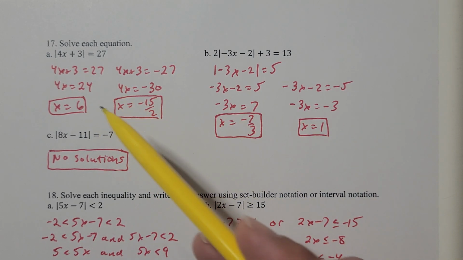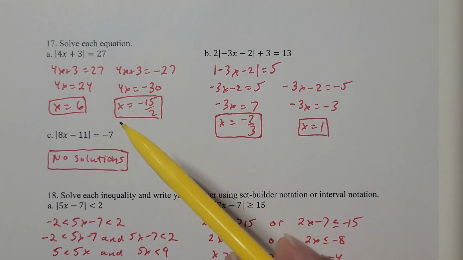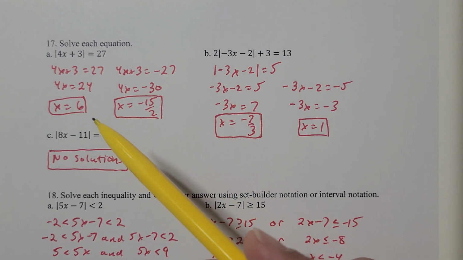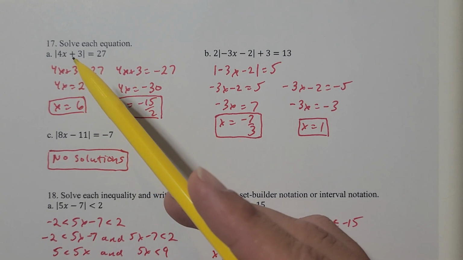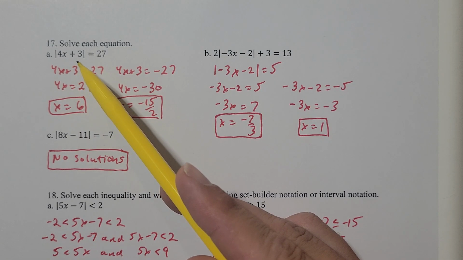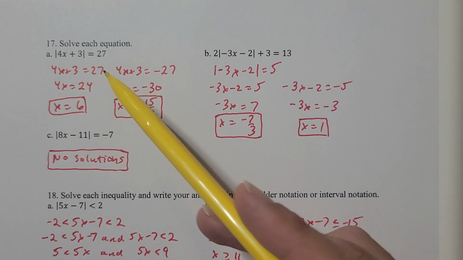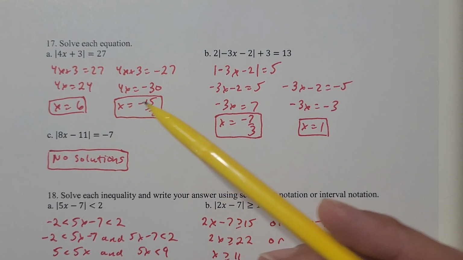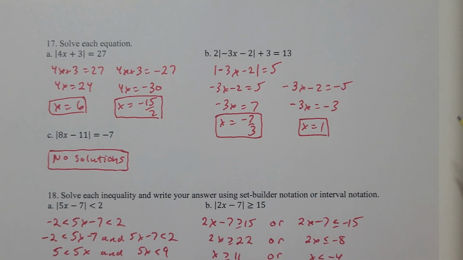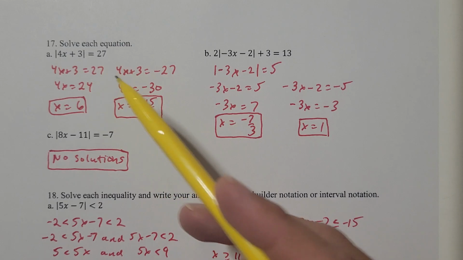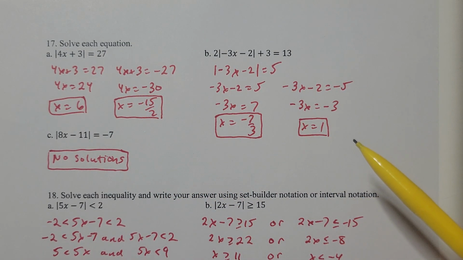So like if I just go back to this example here and check it, if x is 6, 4 times 6 is 24, plus 3 is 27. The absolute value of 27 is 27. Right, so the absolute value notation is used to represent the distance from 0 to a number. So in this case, 0 to 27, that's 27 units.